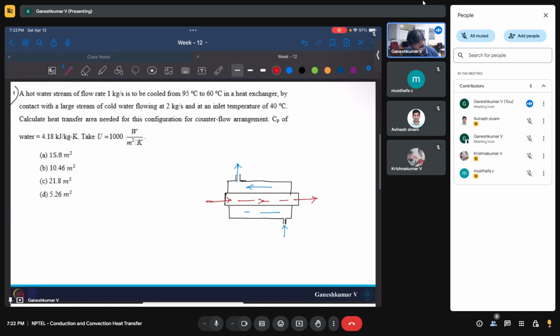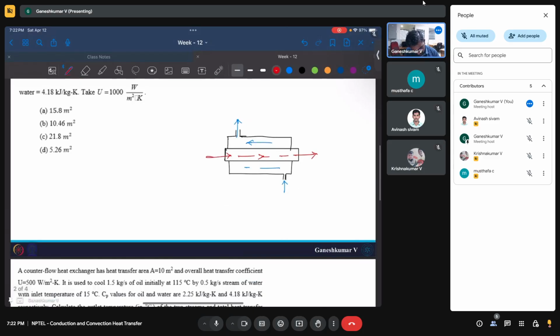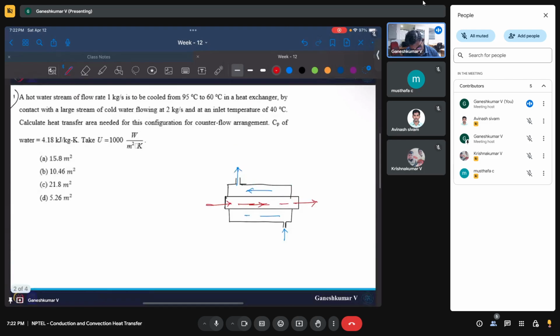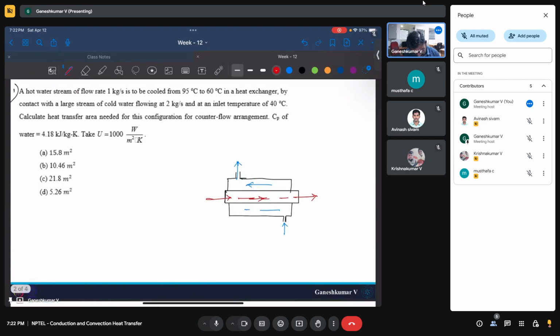So it will go in the opposite direction. Now, the hot fluid goes from 95 degrees Celsius to 60 degrees Celsius. This is, let's say, TH1 and TH2 hot.